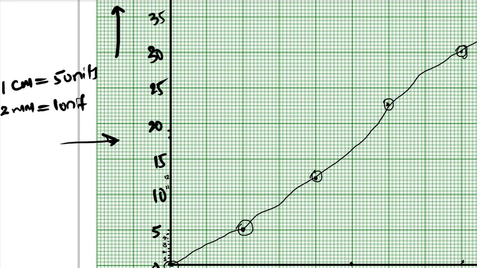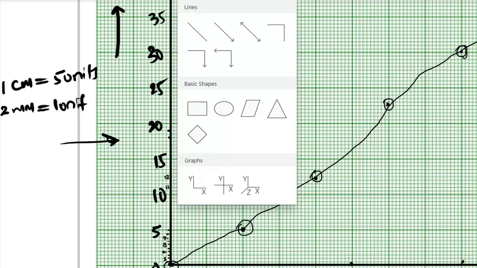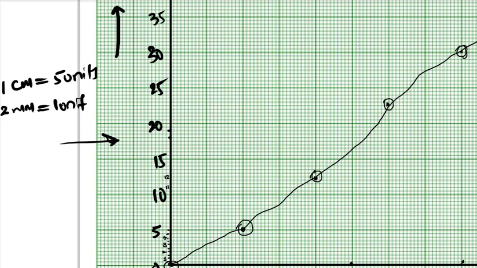So from this 18th term you will draw a straight line to intersect this ogive. Okay, let me find the shape of a straight line. Great, I found it.